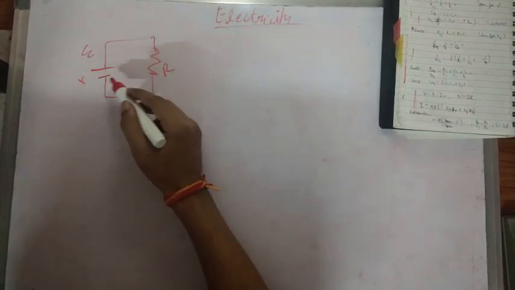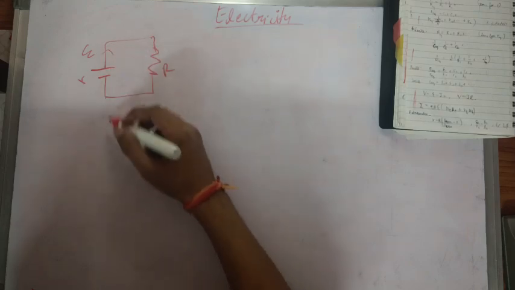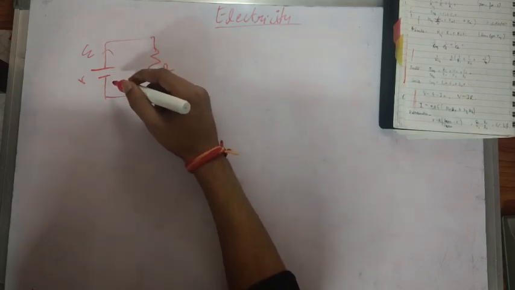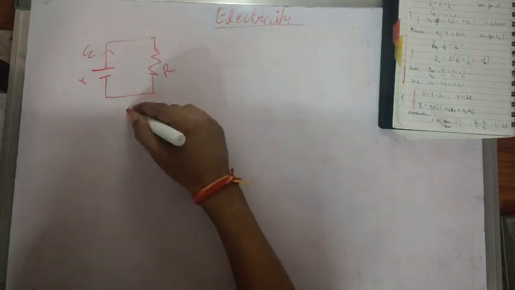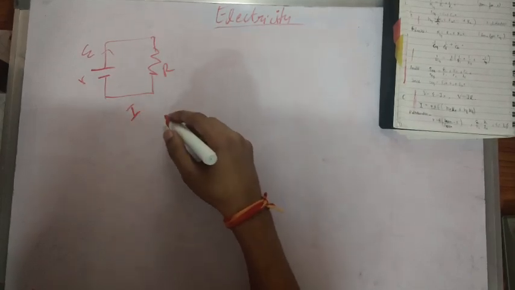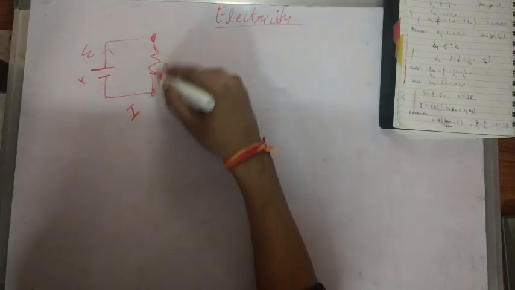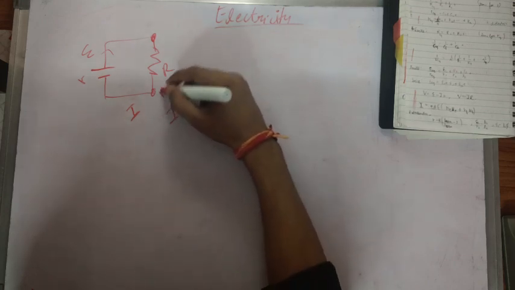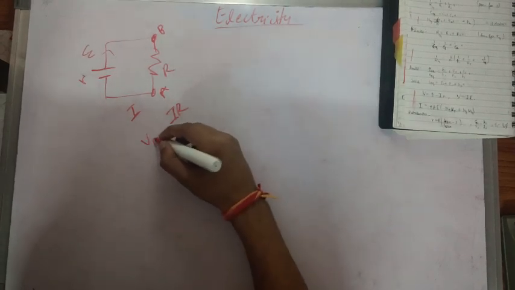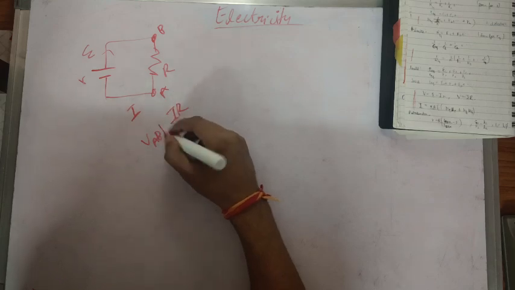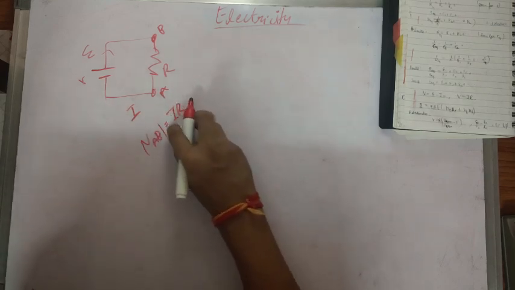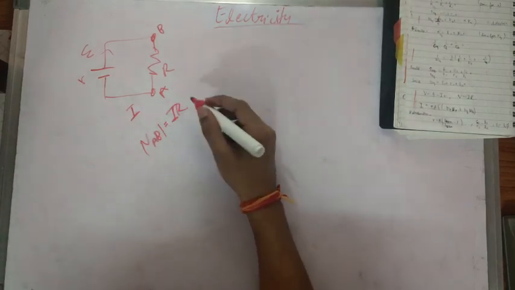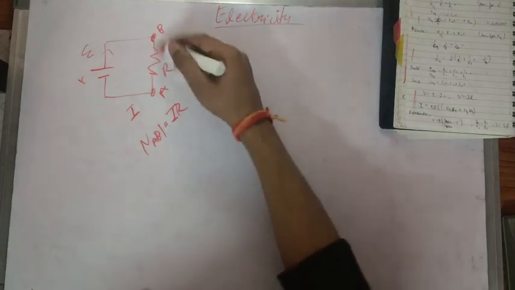This is a battery and there is some current flowing through this, and the current flowing is, let's say, I. Then the potential across this resistor would be equal to IR. So this is point A, this is point B, so the magnitude of VAB would be equal to IR, where I is the magnitude of current, R is the resistance of this resistor.